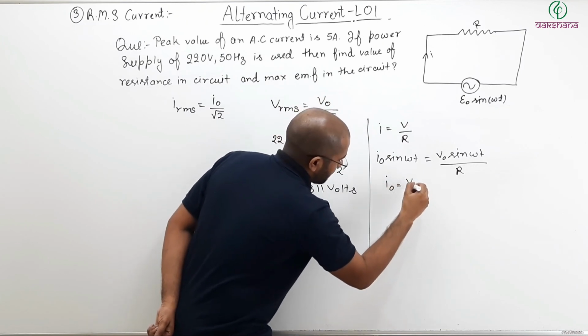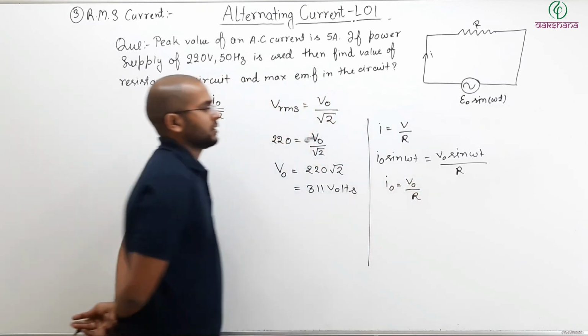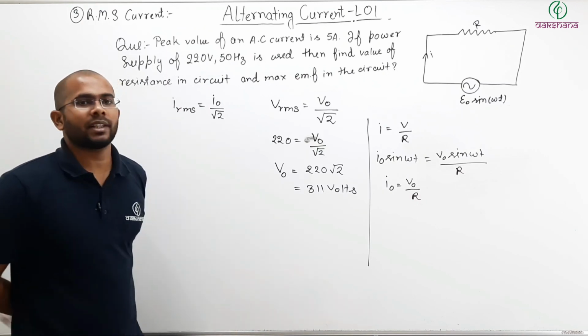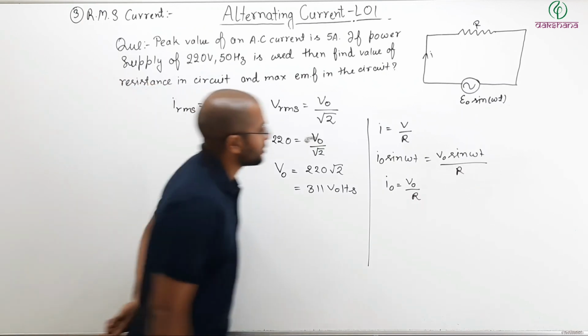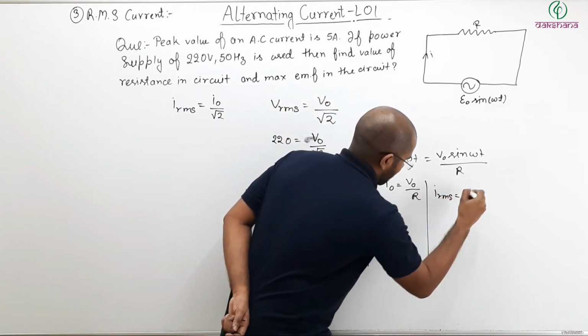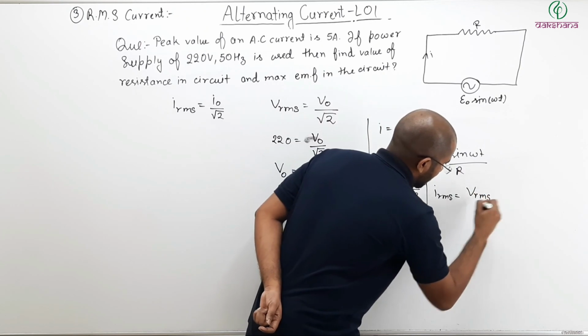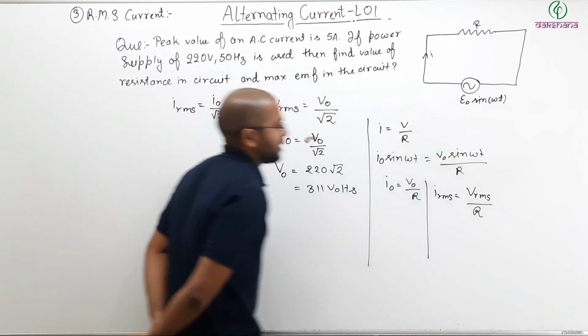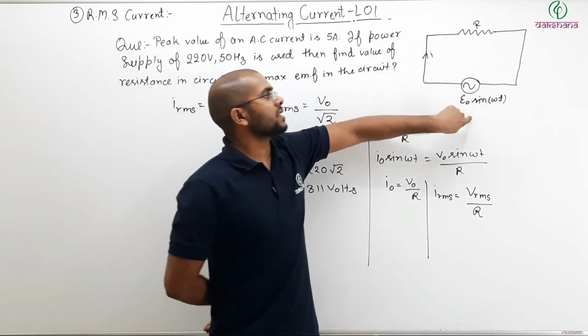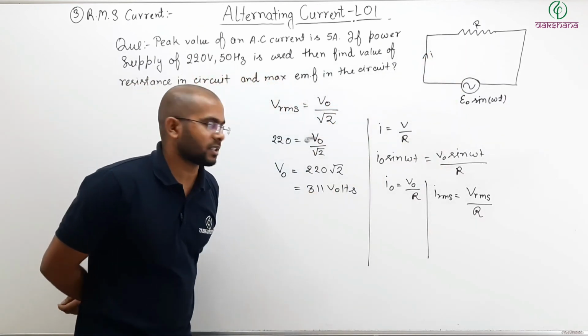I0 is nothing but V0 by R. And if I0 is nothing but V0 by R, same can be written for IRMS or VRMS. You can say IRMS is nothing but VRMS divided by R. So remember, this is the case when a resistance is added across an AC power supply.